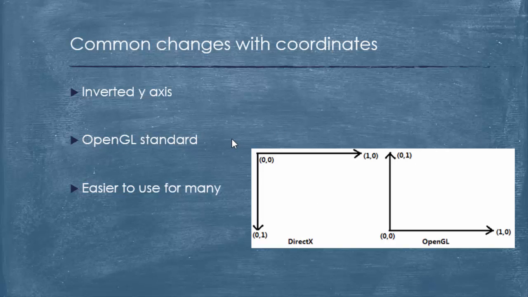This coordinate system, starting from the bottom left, is standard within OpenGL, and if you've done maths, you'll be used to working from the bottom left. It's mostly common sense for many people, although some people do prefer to start from the upper left.